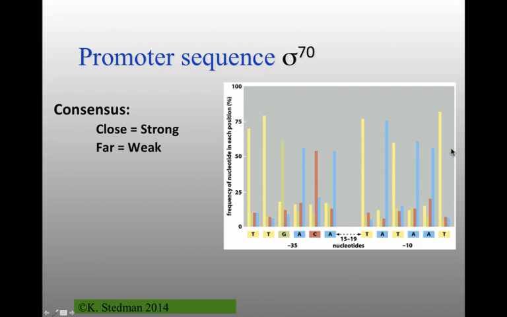So you've got multiple sequences you've lined up with each other. In this case, it's hundreds of promoters that you have in the E. coli genome. And you can see just this distribution. And now people have taken these promoters and put them in front of reporter genes, as we talked about before.